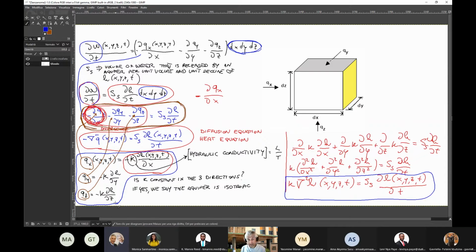Now, what is this equation called? It's called, again, a Laplace equation, or let's say it can be reduced to a Laplace equation in steady state conditions.